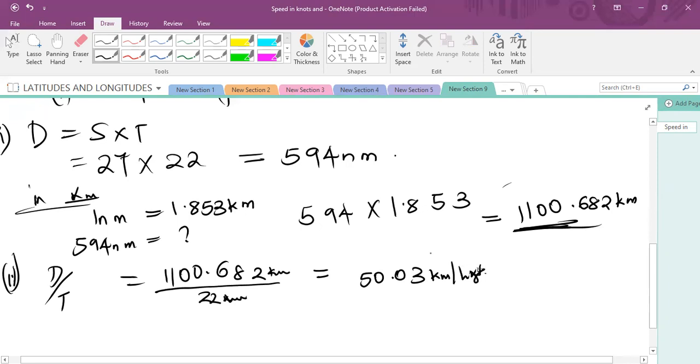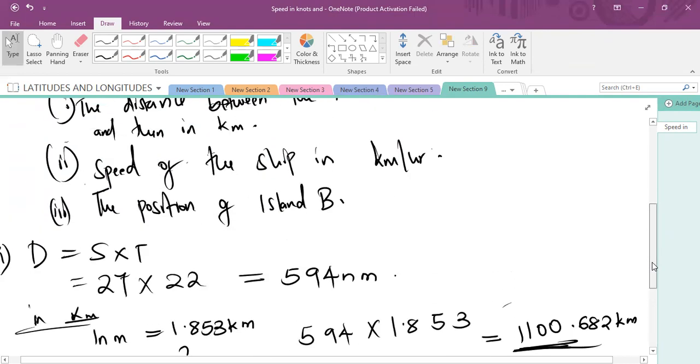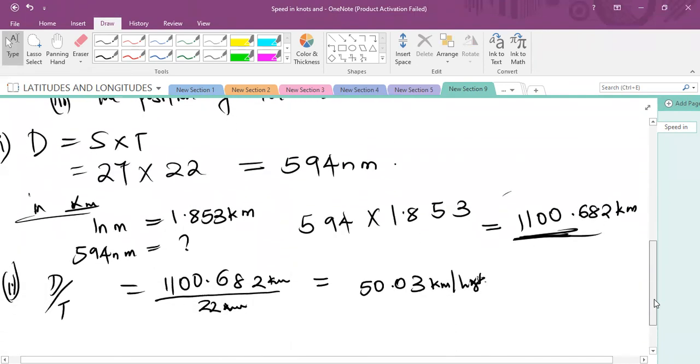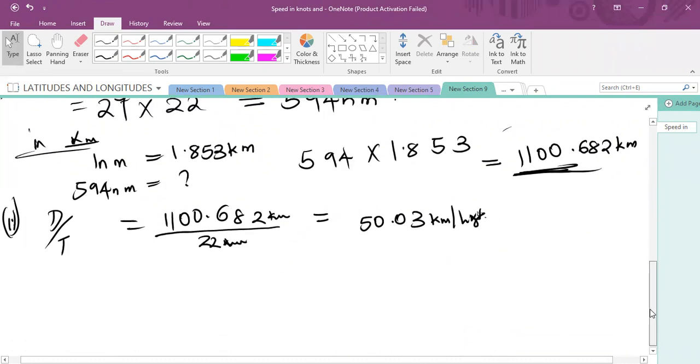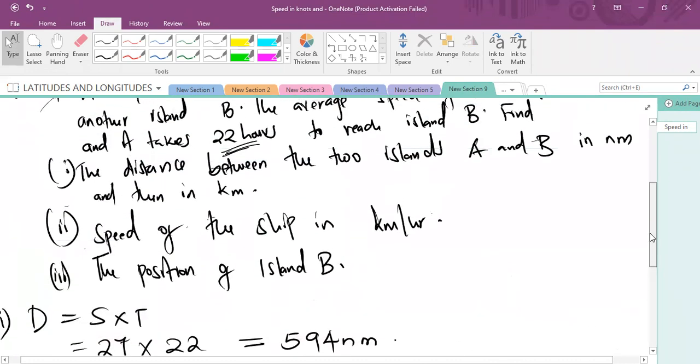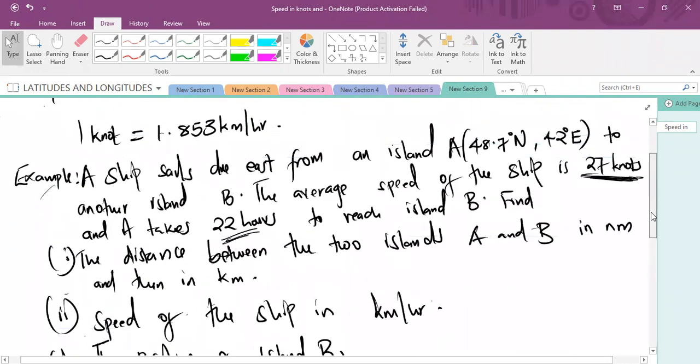Okay, then finally, the last question is the position of island B. Now, if we want to get the position of island B, so first of all, let's say the longitude difference of A and B is some theta.